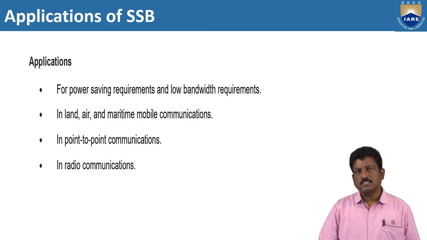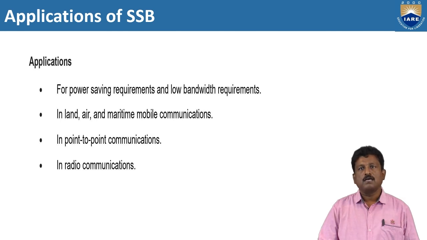Then coming to the applications. For power saving requirement and low bandwidth requirement, we are going to use the SSB modulation. Where power saving is more required, you can go for the SSB modulation. Similarly, where the bandwidth requirement is very less, you can go for the SSB modulation.